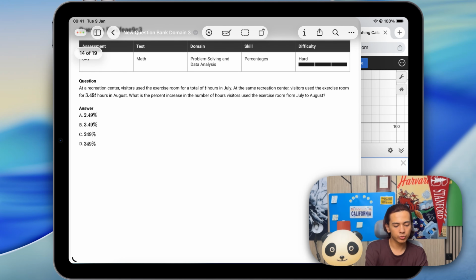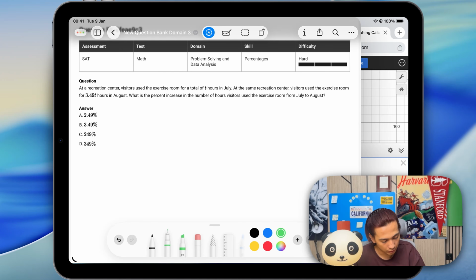Next question. At a recreation center, visitors use the exercise room for a total of 3 hours in July. It's the same recreational center, and visitors use the exercise room for this many hours in August.